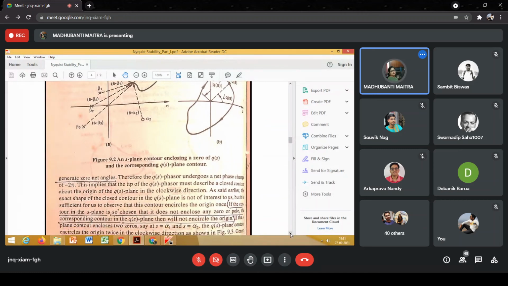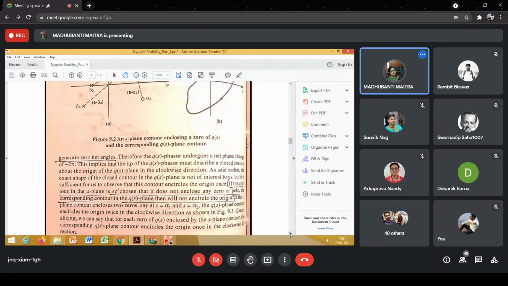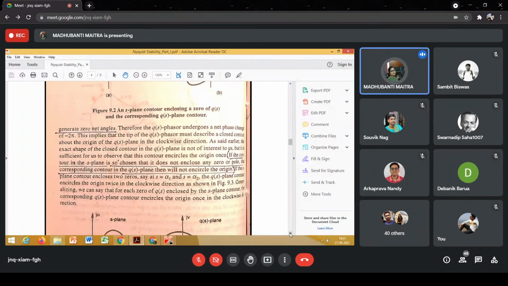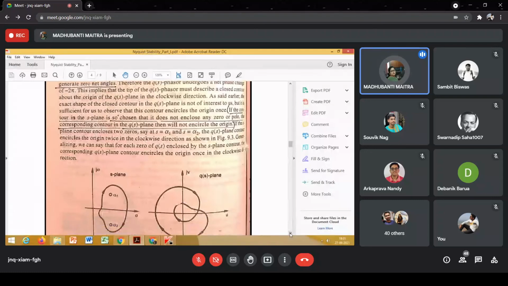Similarly, if only two poles of Q(S) are enclosed by the S-plane contour, then delta angle Q(S) will be equal to 2 into 2 pi.